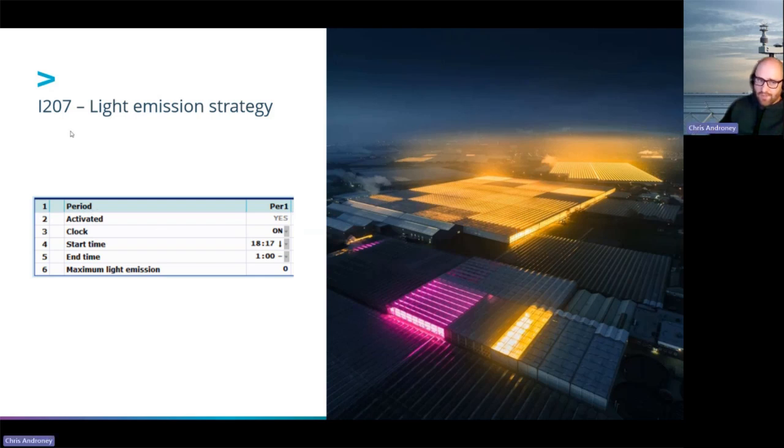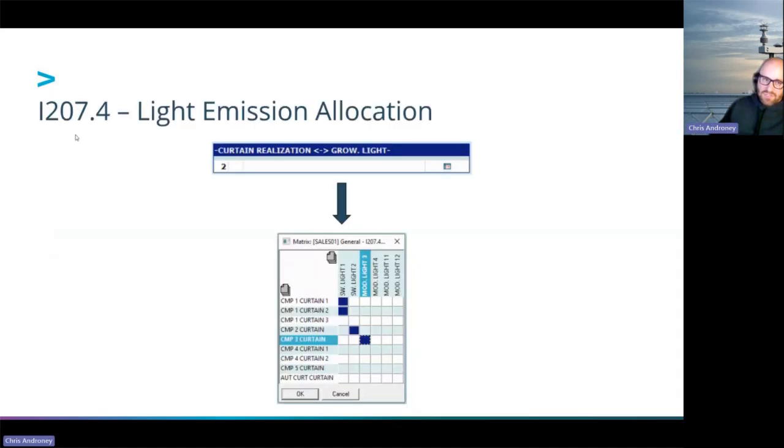So if we look at our light emission strategy, it's a pretty straightforward strategy. All we're doing here is on I207.4, we have a light emission allocation page, and we can look at the lighting programs, whether it's a switching light or a modulating light program, and then we can link certain curtains to those strategies.